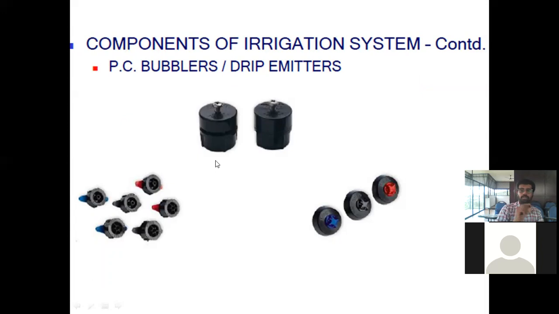If you are using a drip irrigation system, there will be PC bubblers where small droplets of water come out. That is called drip emitters or PC bubblers. These all come under irrigation.